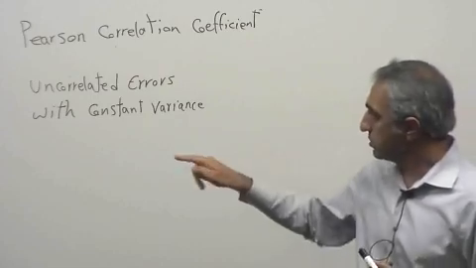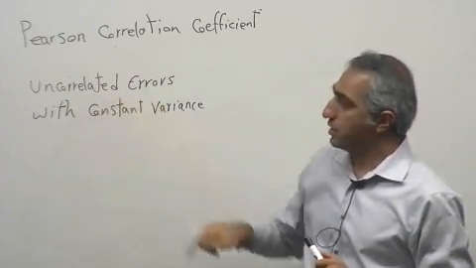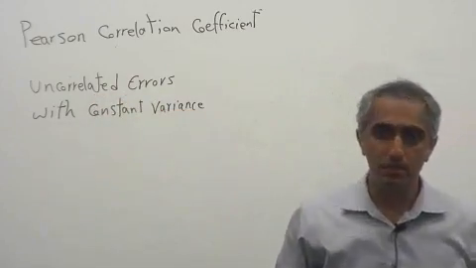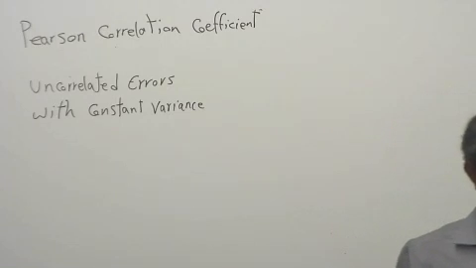Okay, so one question. Here I say uncorrelated errors. Over there I said independent errors. What's the difference? Anybody can tell me? So if two variables are independent, they are definitely uncorrelated. But if they are uncorrelated, it doesn't imply that they are independent.